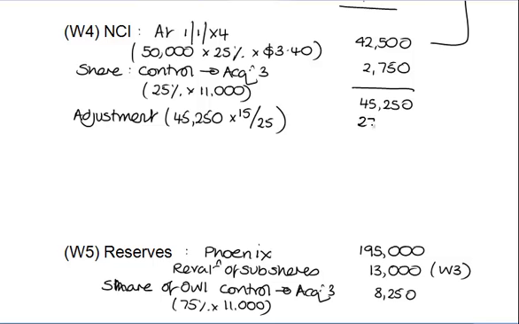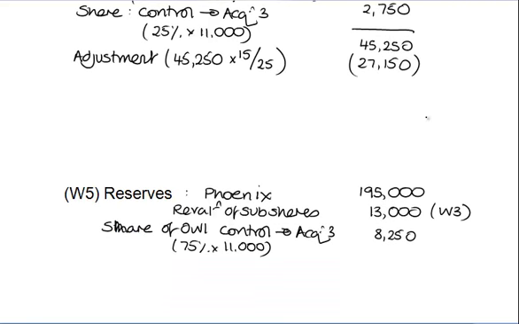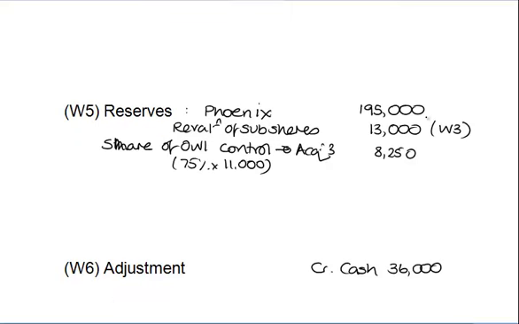So that works out as 27,150. So I'm debiting the NCI 27,150.